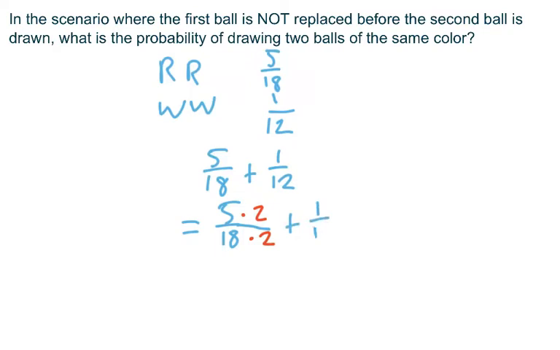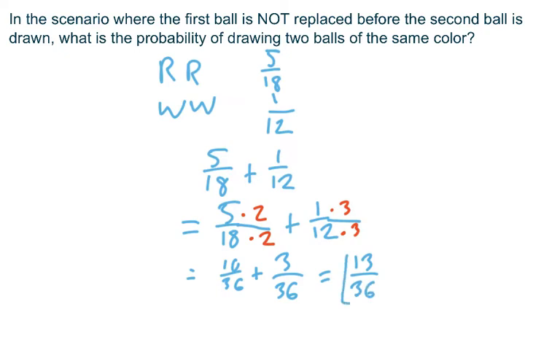And to do the same thing with 1 over 12, I'd need to multiply numerator and denominator by 3. So I end up with 10 over 36 plus 3 over 36, and adding those together gives me 13 over 36. And that's a nice example of probability, multi-stage experiments, conditional probabilities using tree diagrams. Hope that was helpful.